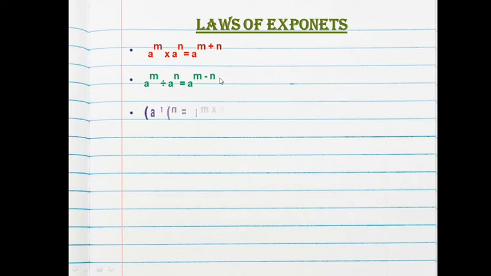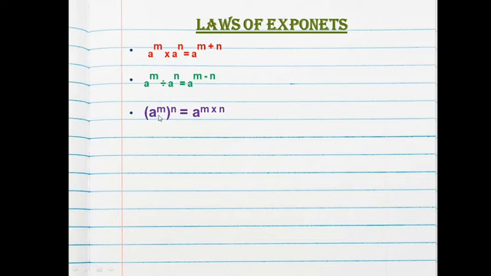Then the third law, a raised to the power m whole raised to the power n is equal to a raised to the power m into n. So how it is given? A raised to the power m and again whole raised to the power n is given.